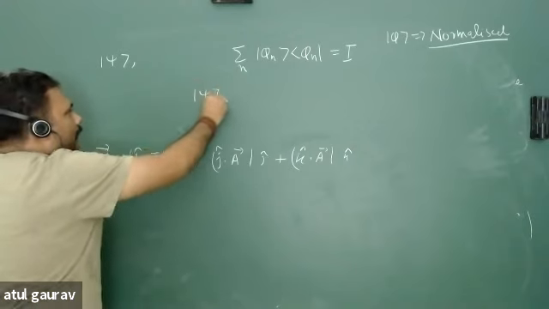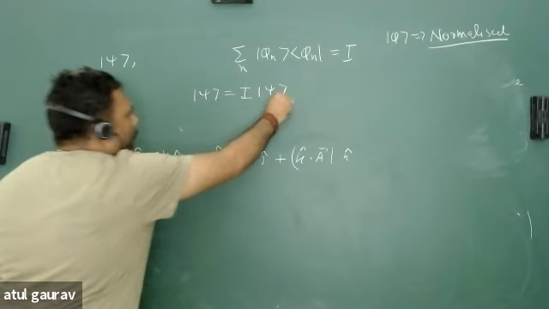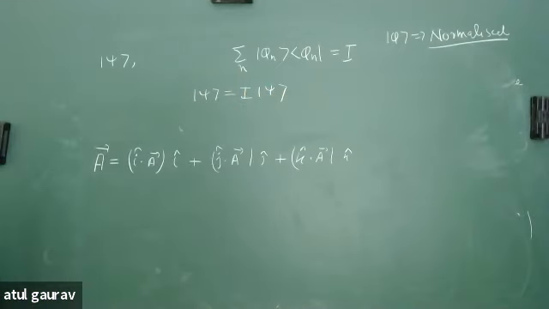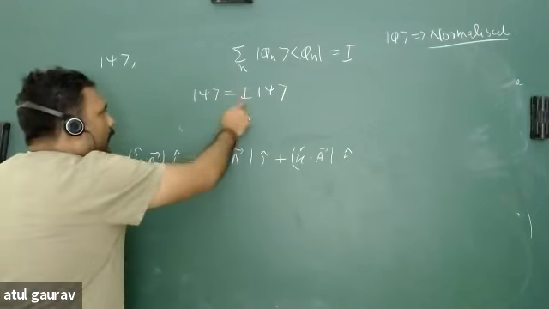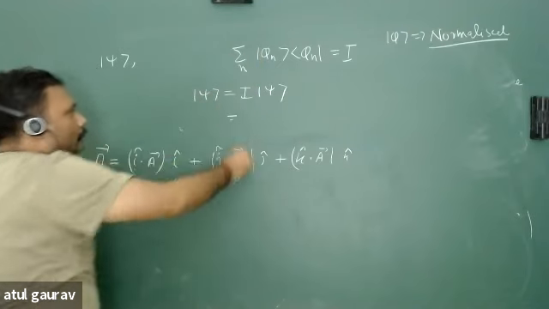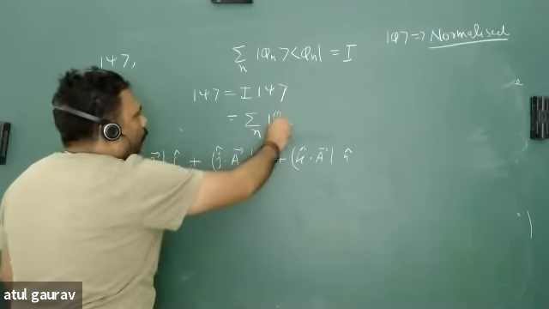I can write psi is equal to identity acting on psi. We can write it, yes. And now this identity can be replaced by this summation over n of phi n phi n.